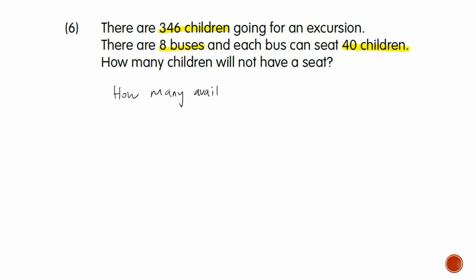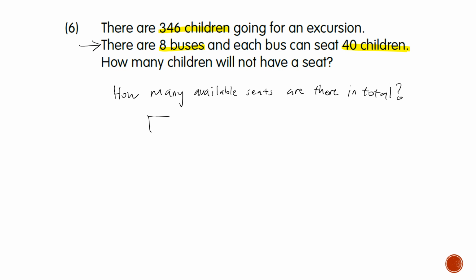I'm going to get the answer from the second line. I'm going to draw the arrow to the second line because I feel that the second line of this question is the most important.